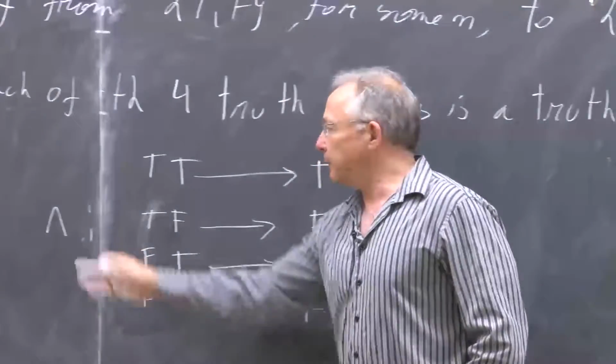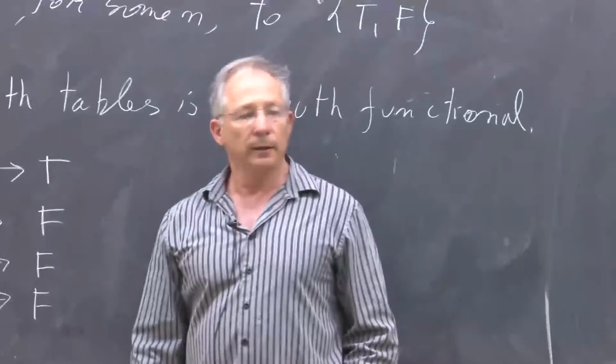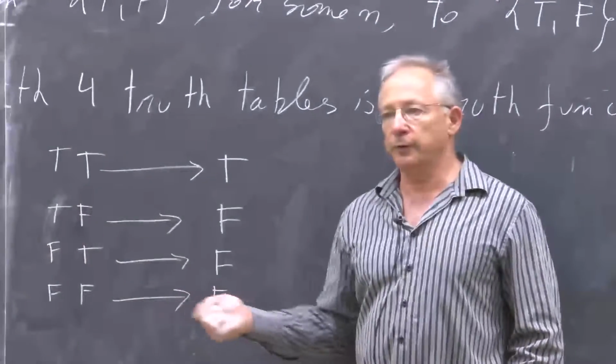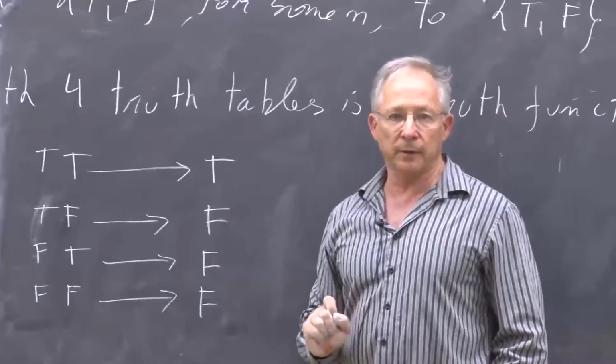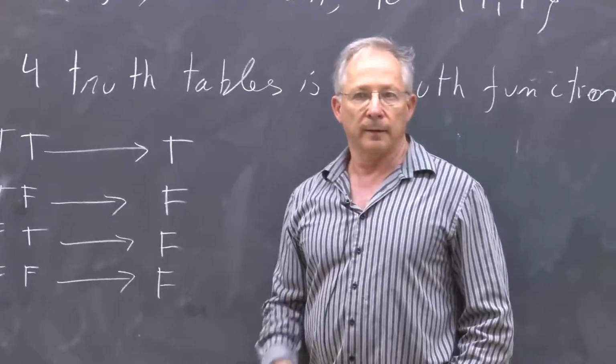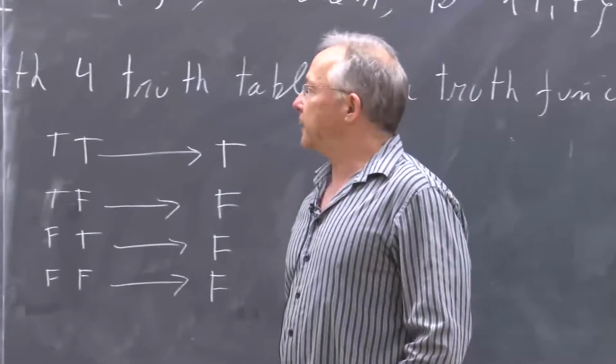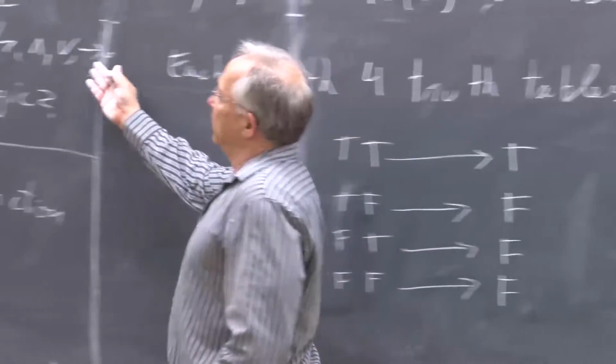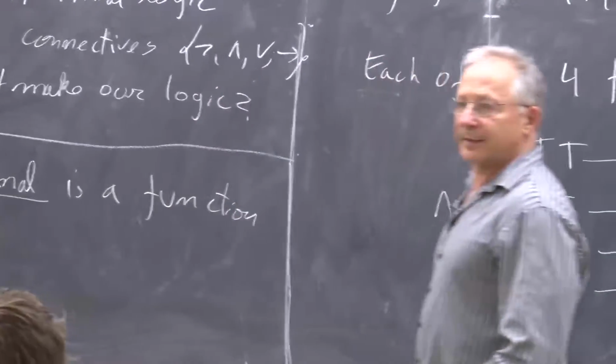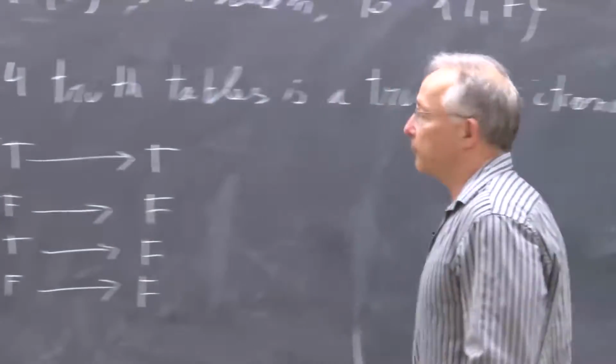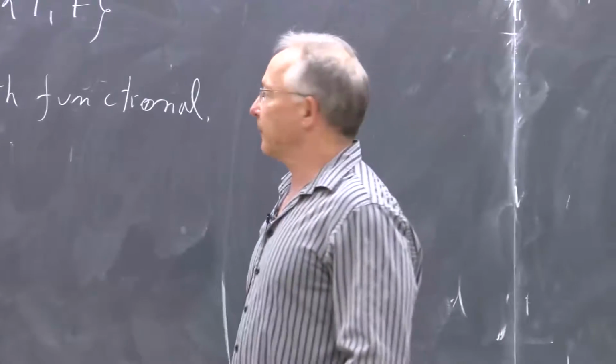So I can think of and as a truth functional. It takes pairs of truth values and outputs truth values. There are truth functionals which are not one of those. Can you show me an example of a truth function which is not one of those? Yes? NAND?